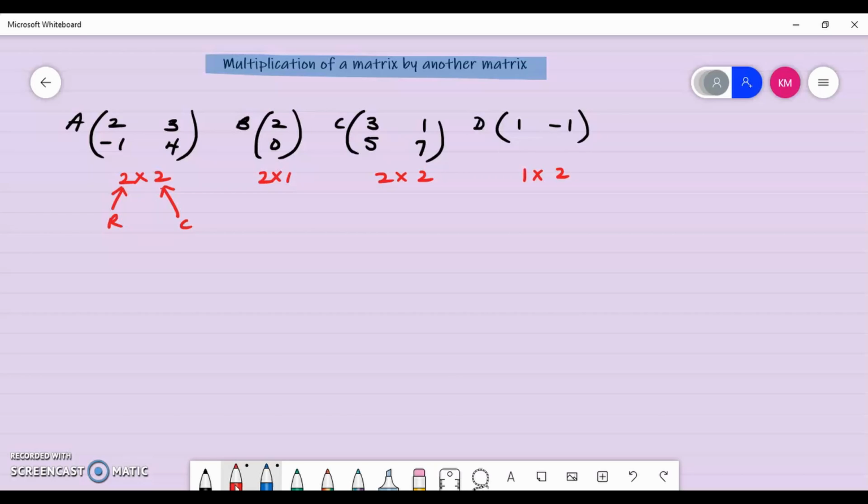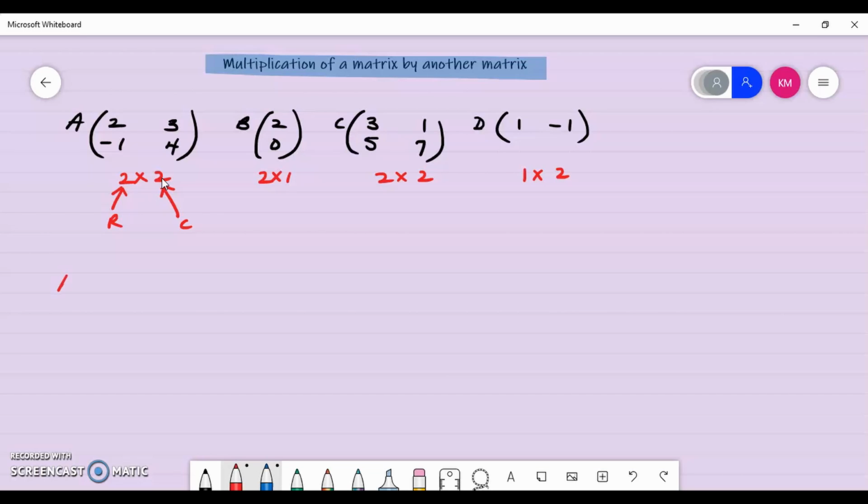So that first number tells us how many rows, and that second number tells us how many columns. Now, multiplication of two matrices is based on a row by column technique. To do this, we must make sure that the number of columns of our first matrix is equal to the number of rows of our second matrix.